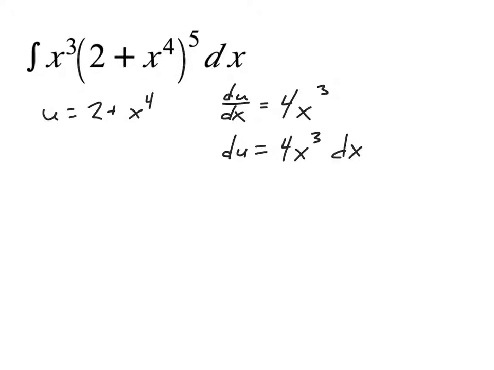So I'm going to take that 4 and move it out of that side. So I'm actually going to divide both sides by 4 here. And you have the option of writing as du over 4, but that tends not to be quite as intuitive. So I'm going to write it as 1/4 du, just because it's a little bit more intuitive and easier to work with here once we plug it in.